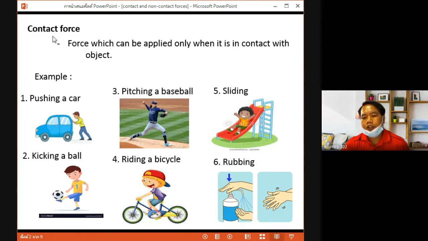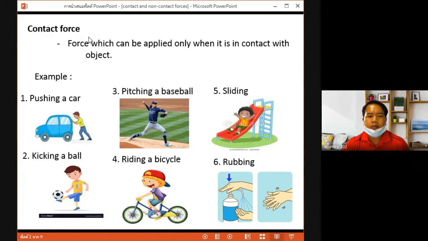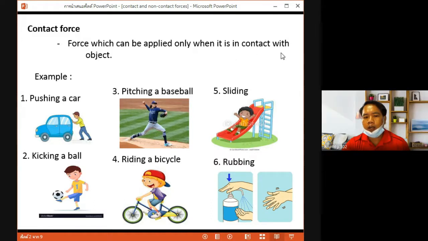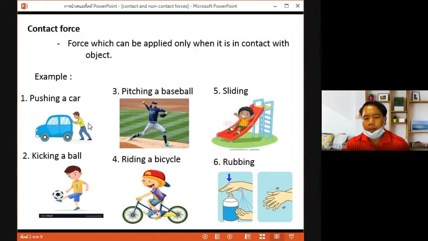Remember, contact force is a force which can be applied only when it is in contact with an object. So we have here the person and the object.